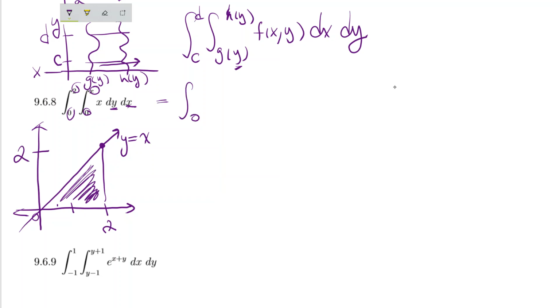Let me rewrite this because I wrote all over it. Okay, so we're integrating with respect to y first. Yeah, y first. If you're thinking about that box idea of what's happening here, I'm doing the y integral first, which says I go from 0 to x.